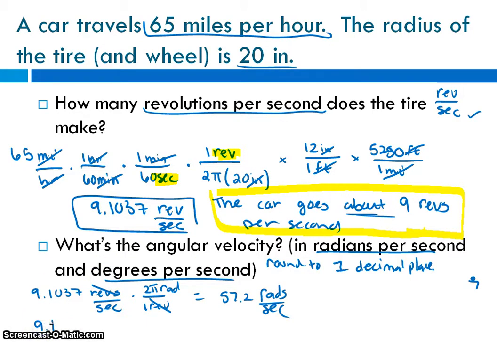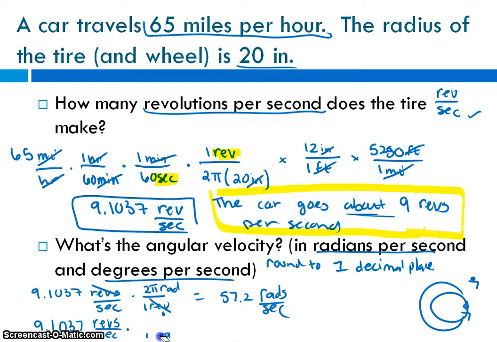So again, I'm going to start off with the answer we had in the calculator, 9.1037 revs per second. And if I have a circle and I make 1 revolution, that's the same thing as turning 360 degrees. So I can multiply it by 180 degrees is equivalent to pi radians.